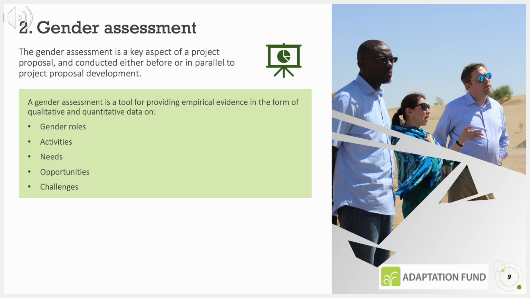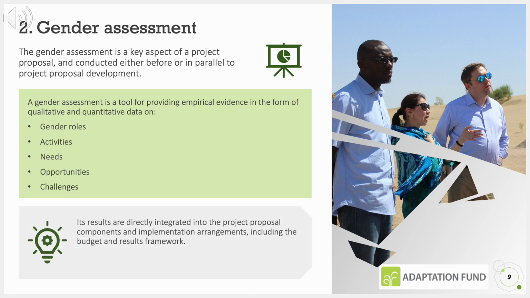Its results are directly integrated into the project proposal components and implementation arrangements, including the budget and results framework. The full gender assessment is attached as an annex to the proposal. If a gender analysis has already been carried out as part of the concept note development, the gender assessment should build on this work.